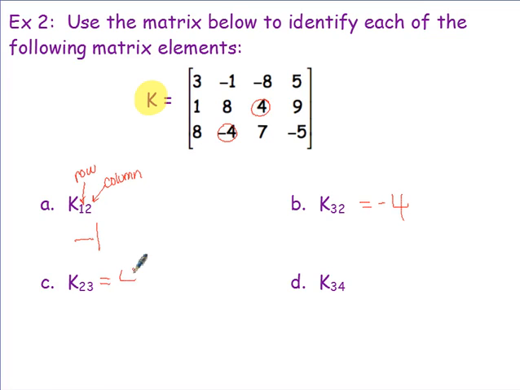So this is 4. And finally, K34, third row, fourth column, 1, 2, third row, 1, 2, 3, fourth column is -5. Pretty easy, right? So far, all we're talking about is some vocab. So let's look at an application problem.